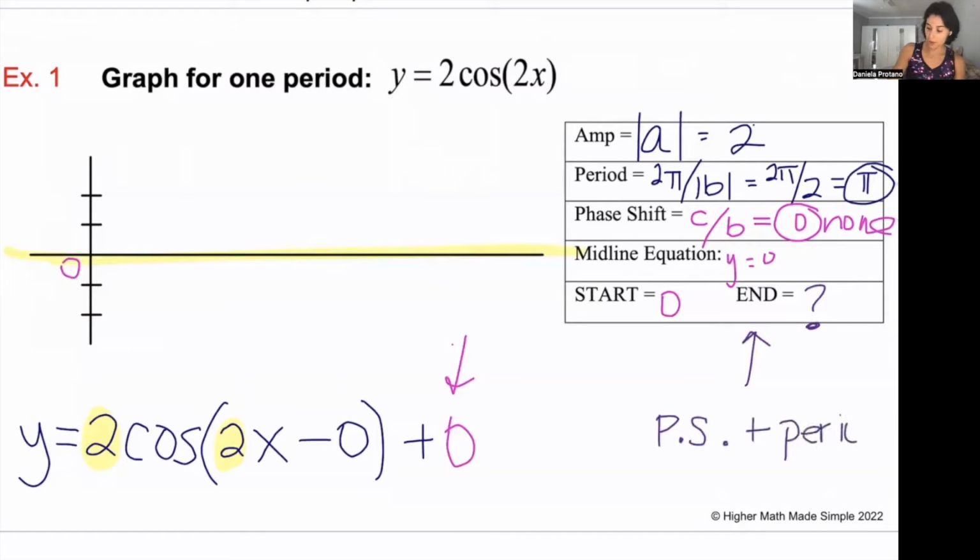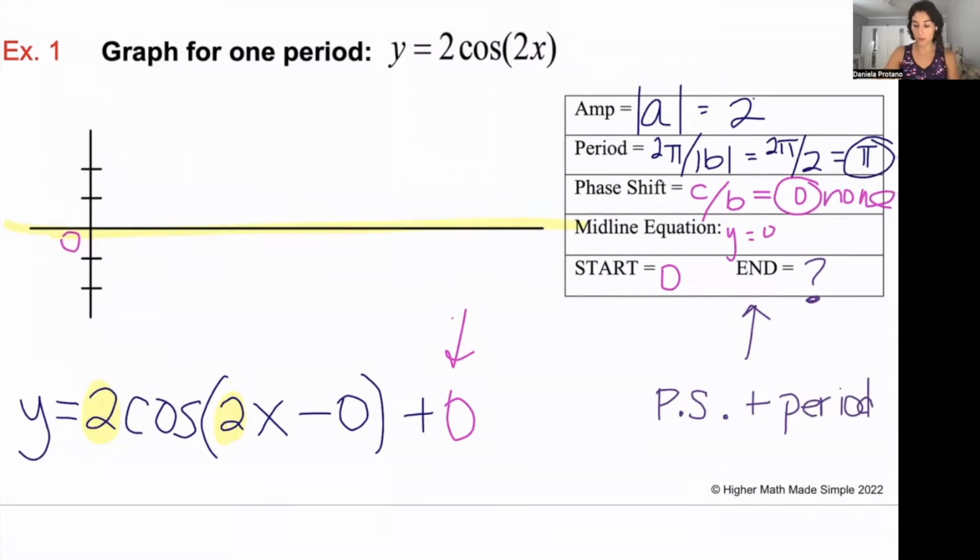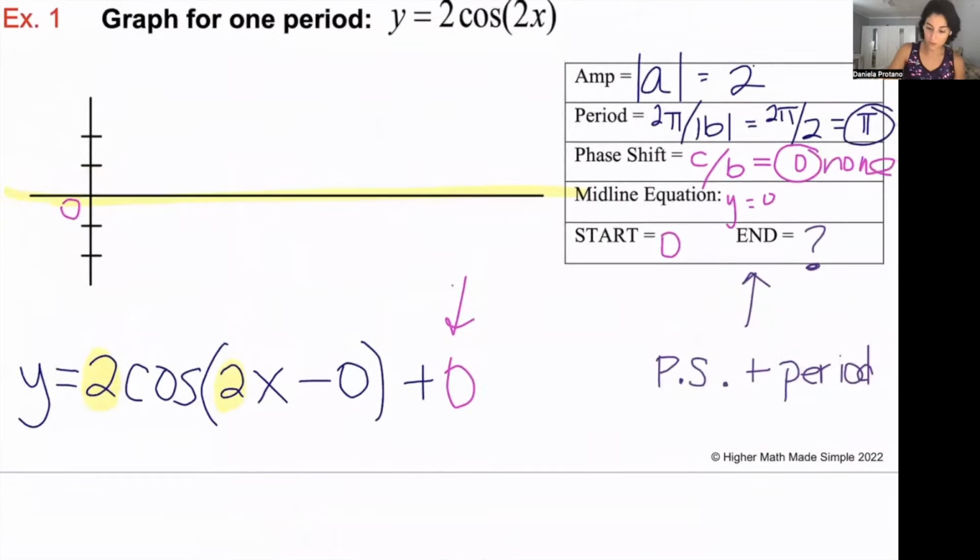And if we remember when we were calculating the critical points in the previous example, we found that out. So the phase shift was 0 plus the period is pi. So 0 plus pi is pi. So that means that I can put pi somewhere over here. Okay, so that's going to be the start and the end.